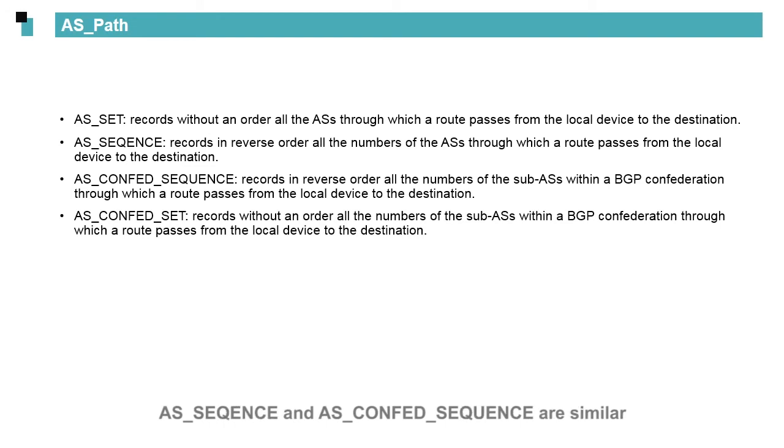AS sequence and AS confed sequence are similar. AS confed set and AS confed sequence are used in confederation scenarios. AS sequence is an ordered AS number list, whereas AS set is an unordered AS number list.